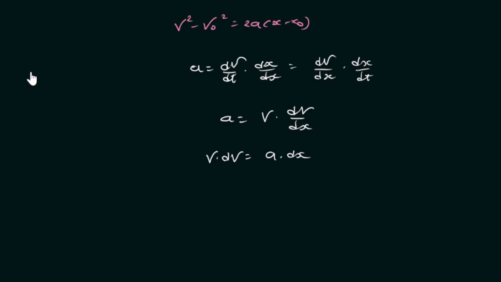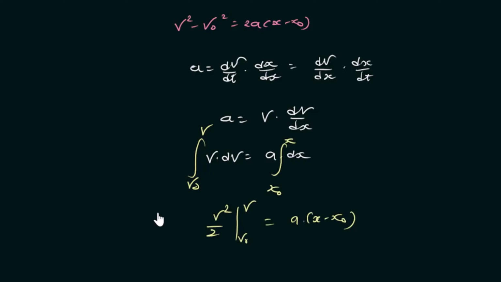I integrate from v naught to v, because the initial velocity is v naught and the upper limit is our final velocity v, and the displacement varies from x naught to x. This gives v square by 2, with limits from v naught to v, equals a into (x minus x naught).